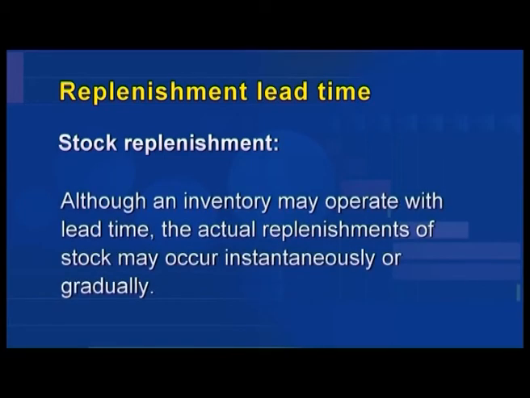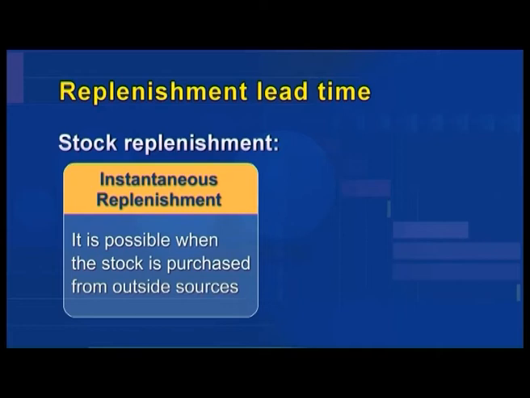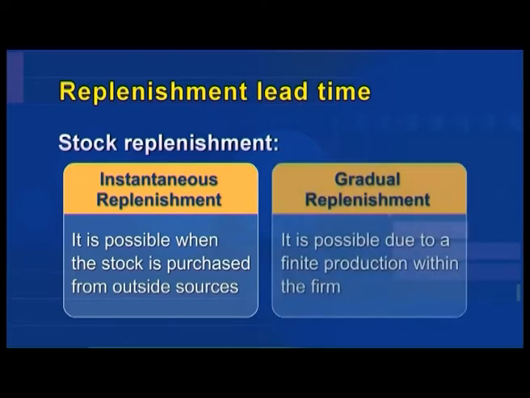Although an inventory may operate with lead time, the actual replenishments of stock may occur instantaneously or gradually. Instantaneous replenishment is possible when the stock is purchased from outside sources, while gradual replenishment is possible due to a finite production within the firm.